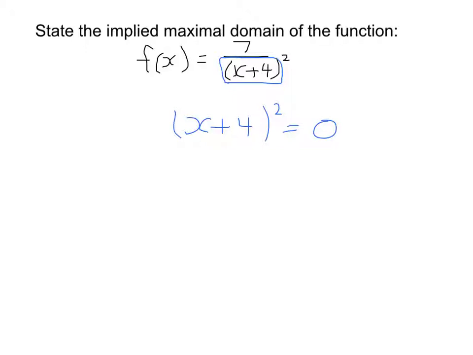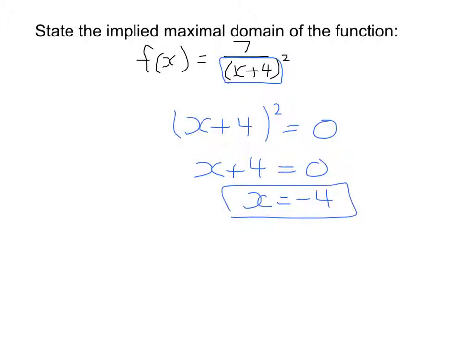Now if I want to get rid of that squared sign, we square root both sides, which will leave us with x plus 4 is equal to square root of 0, still going to be 0. Take away 4 from both sides, we'll have x is equal to negative 4. So what that tells us is that x can't equal negative 4.